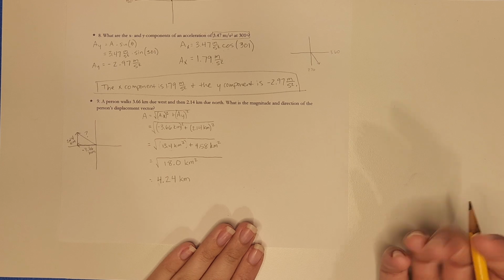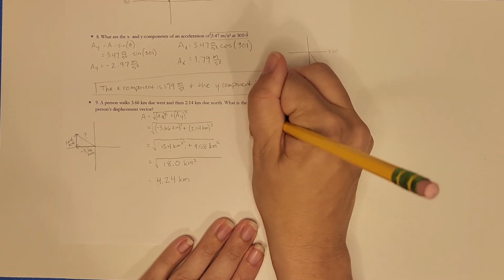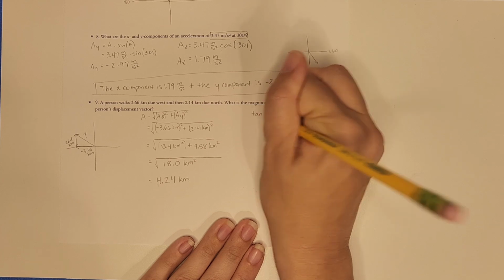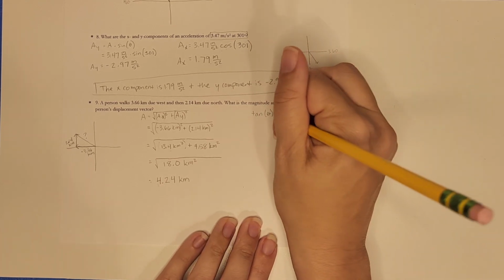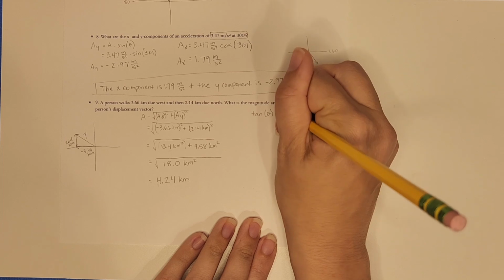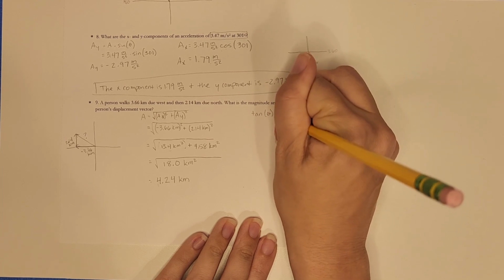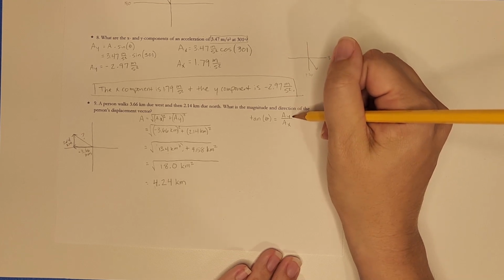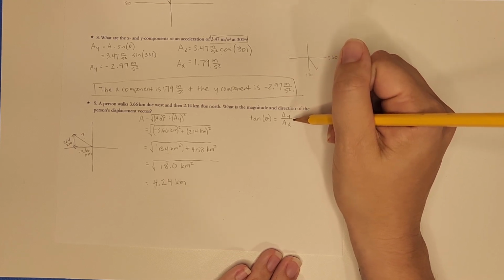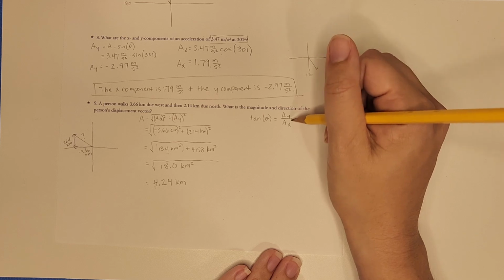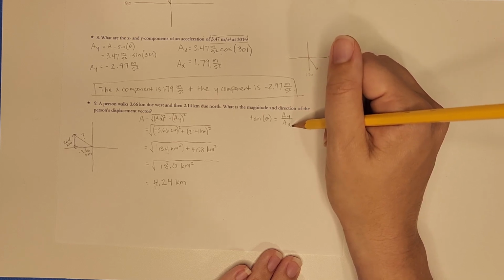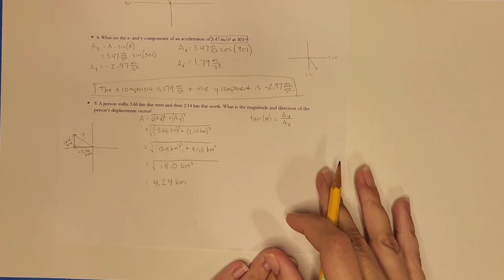So for the direction, we're going to use equation 4.3. And as a reminder for that, it is tangent of the angle equals AY over AX. A good way to remember that Y is on top and X is on the bottom is to think about slope, and we have rise over run, and so the Y values are over the X values when we do slope also.